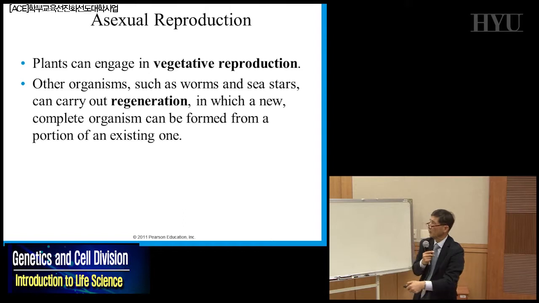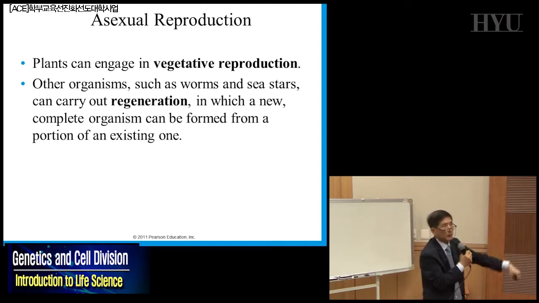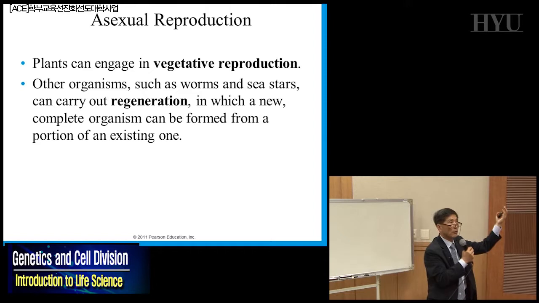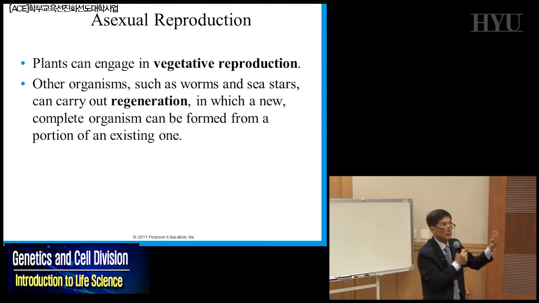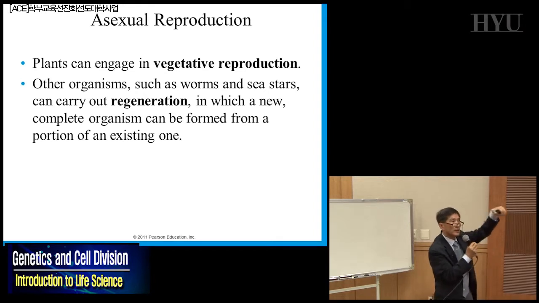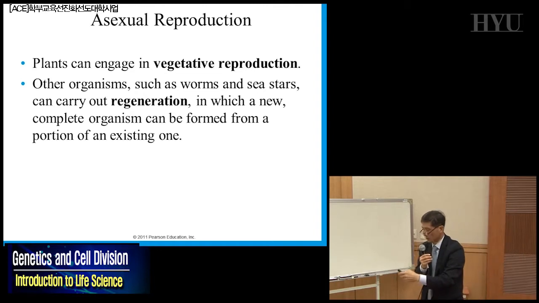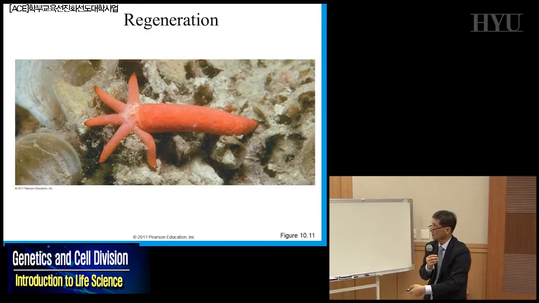And then there's vegetative reproduction, which occurs in a lot of plants. If you cut the plants and plant them, they'll grow. So they are clones, genetically identical. You cut, you put it, they grow. And some animals regenerate.